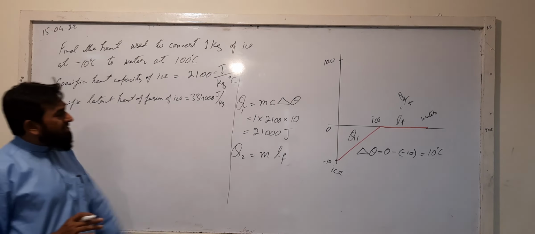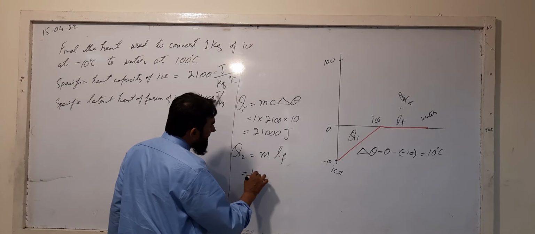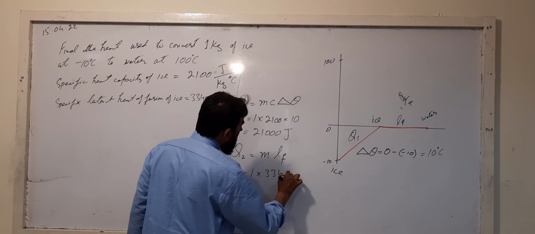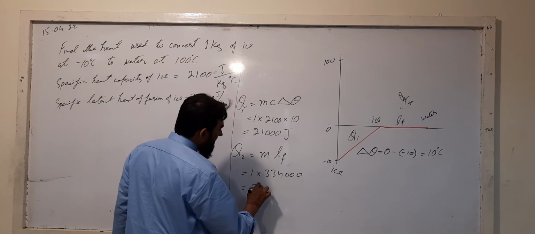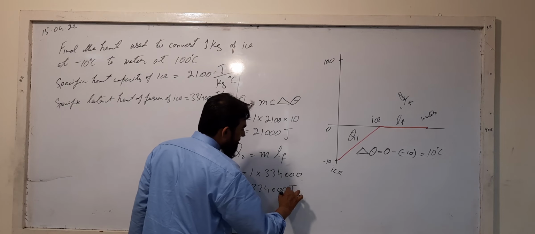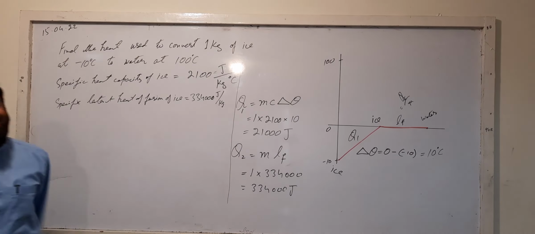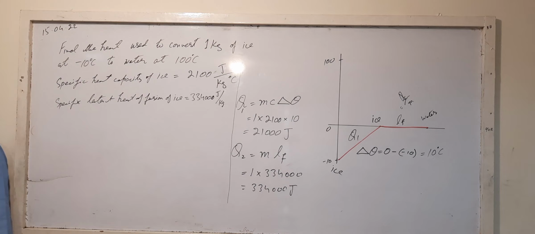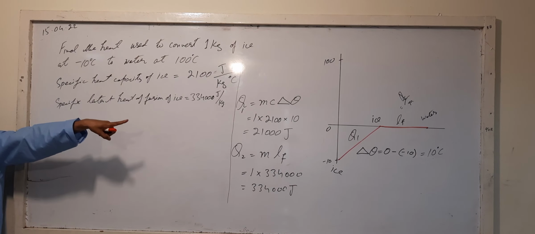Apply the mass 1 into 334,000. So this much joule is the energy in the second stage. Now the whole of the ice has melted to water.